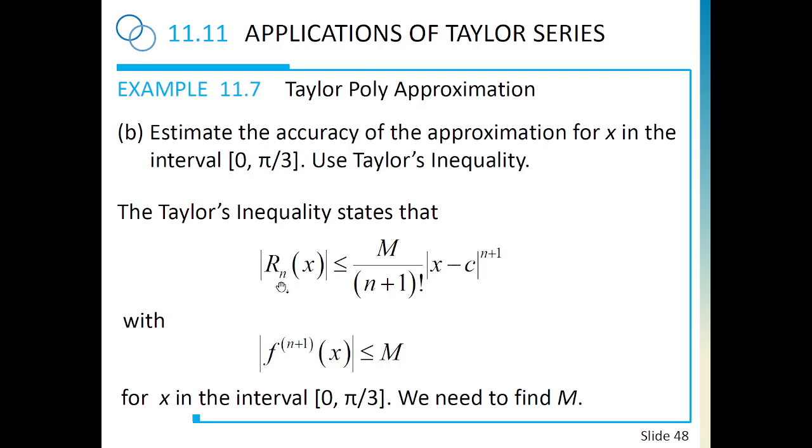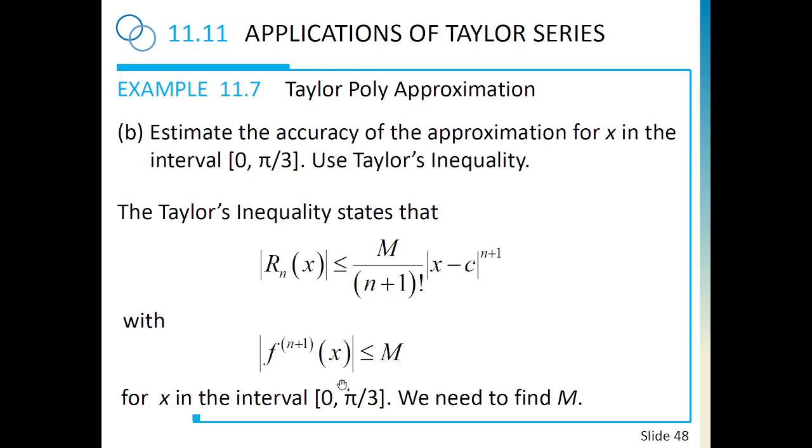If we use polynomial degree n, the formula says that the error is smaller than some number M divided by n plus 1 factorial, times the power n plus 1 also. And the number M is a constant that is bigger than the absolute value of the derivative n plus 1 of our original function. And we will see how to find the estimate for this.